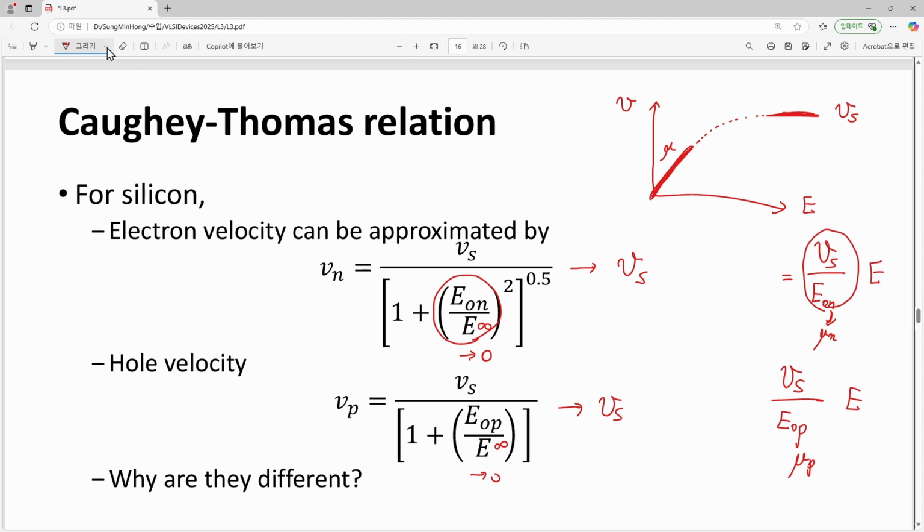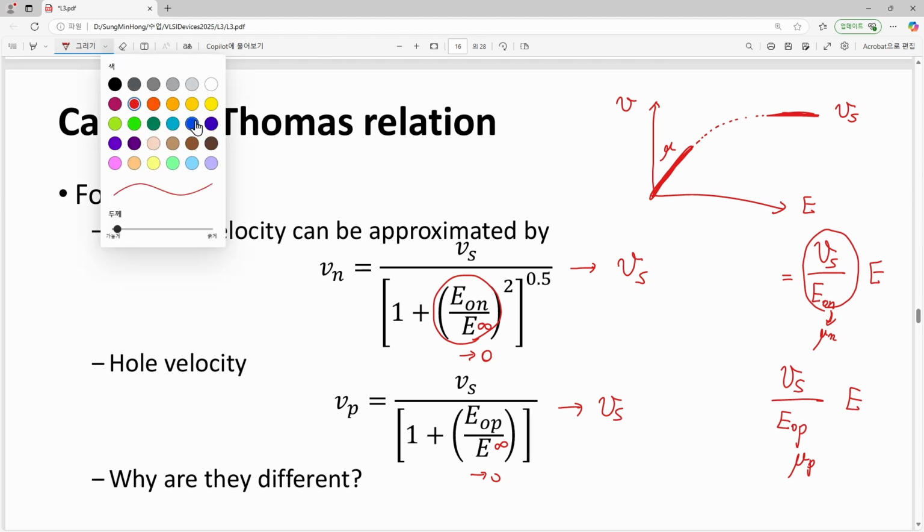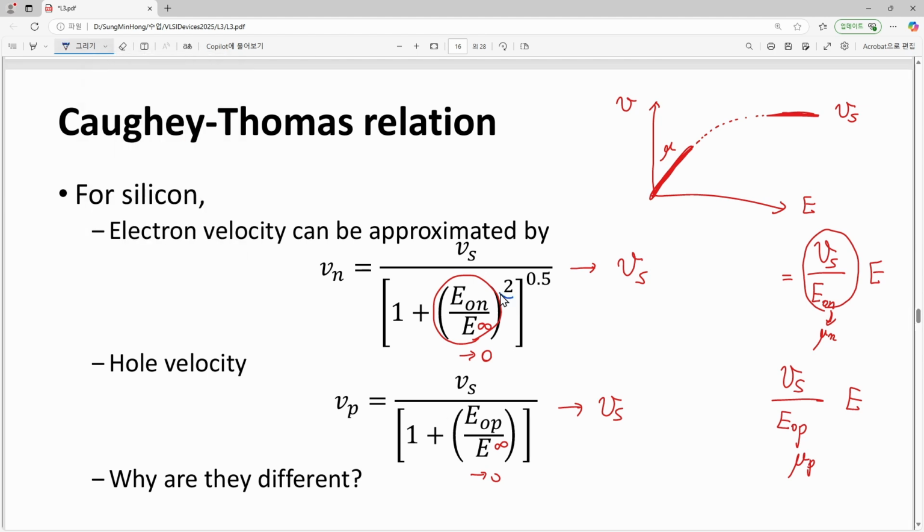But why do we have different models? Here we have 2, 0.5, and 1 and 1. If we have 1 and 1, then it shows a relatively smooth transition. And if we have this power of 2, then the transition becomes more abrupt.